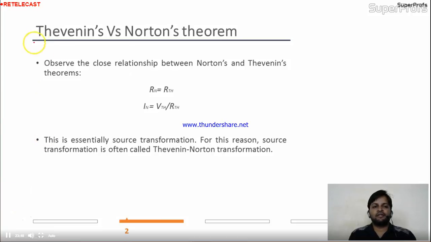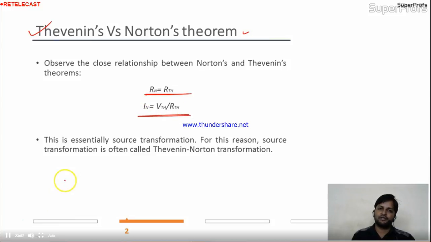But before that, we should understand Thevenin versus Norton's theorem. What is the relation between Thevenin and Norton's theorem? Actually, they are dual to each other. See, Rn equals RTH and IN is nothing but VTH by RTH. Suppose you don't want to calculate the Norton form. So simply do one thing.